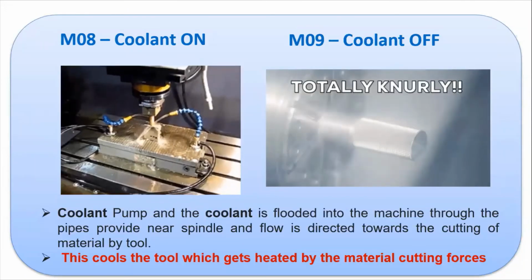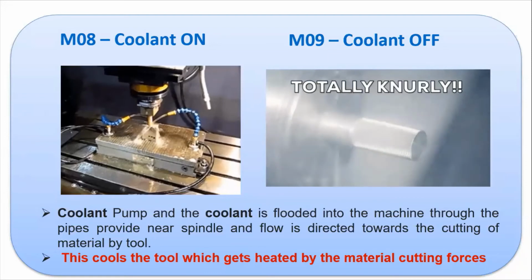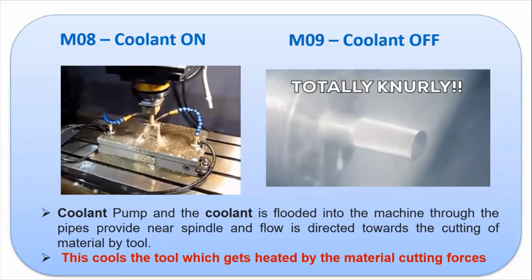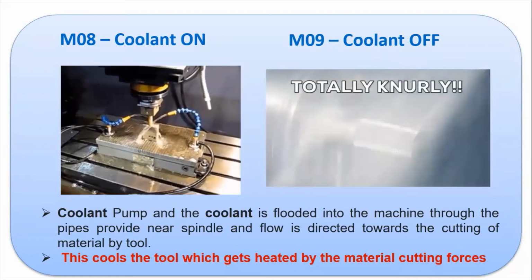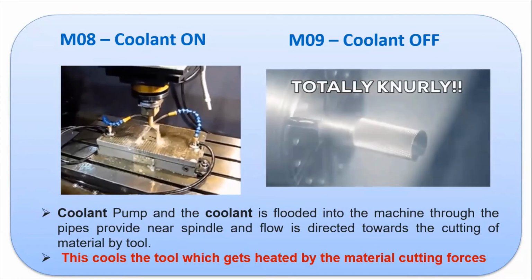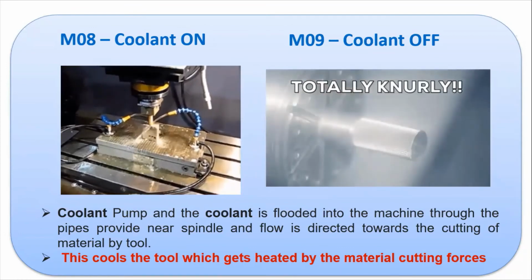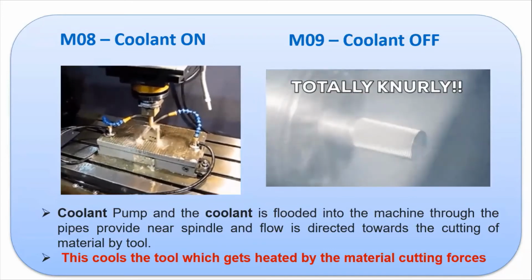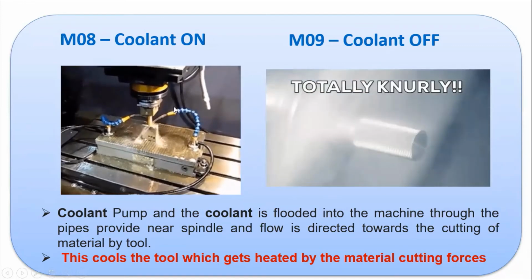Your next command is the M08, which is coolant on, and M09 is coolant off. But in this case, again, we require a coolant pump and a coolant, which is flooded into the machine through the pipe, and which is located nearer to the spindle.